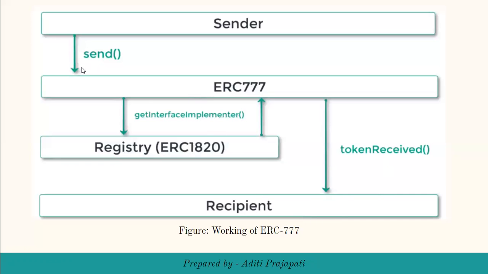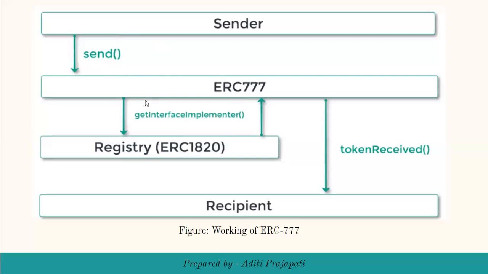And these send and receive functions are basically hook functions. And what are hooks? Hooks are functions described in the code of a smart contract. As you know, the functions which we are using here are all basically coded functions, right? They are implemented in a smart contract. So hooks are basically code of a smart contract, and hooks get called when tokens are sent or received through the contract.